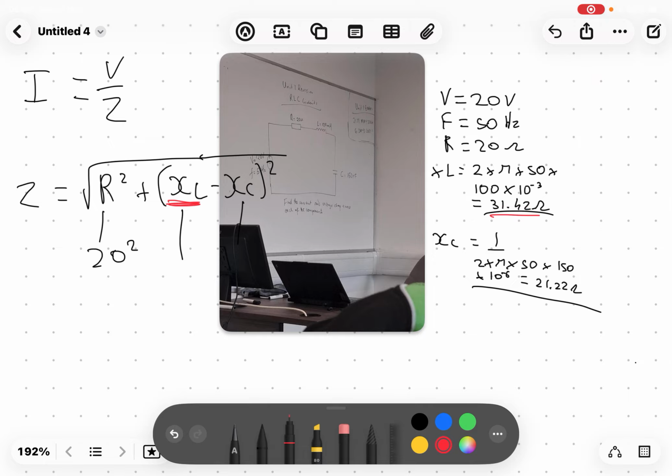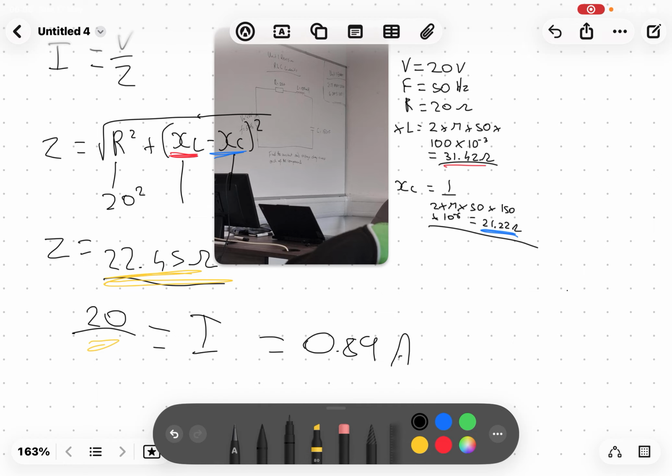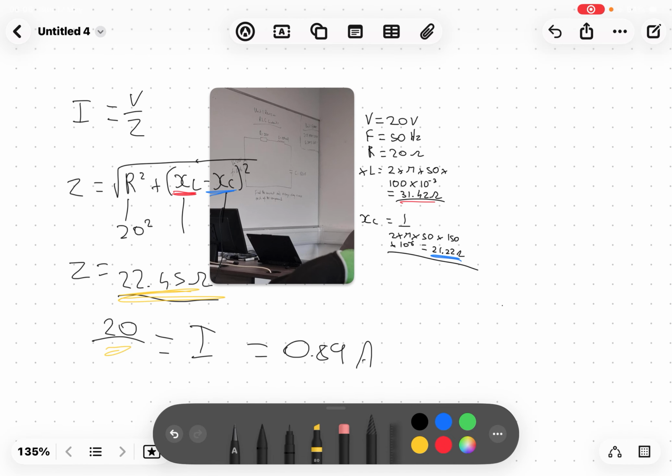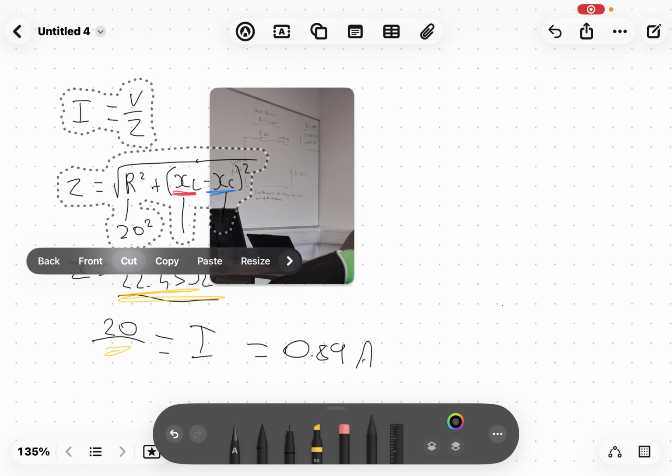So basically Z equals 2.45, and that is in ohms. So it's the same as resistance because also in ohms. So we have the voltage, which is 20, divided by this, and then we get the current, which is 0.89 amps. After that, we basically did the first question. This would be worth like 10 marks. I mean, that's what my teacher said.